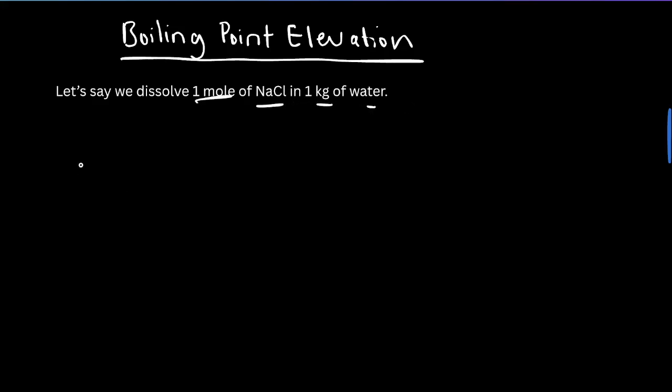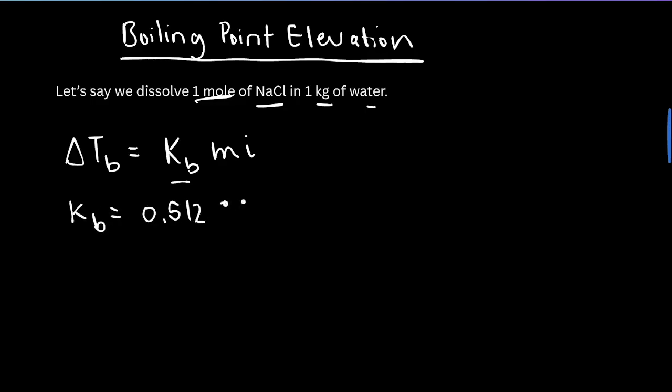So let's start off by writing out our formula. That is delta Tb is going to be equal to Kb m i. We already know what our Kb is for water. We remember that our Kb is 0.512 degrees Celsius kilograms per mole. And what about our molality?